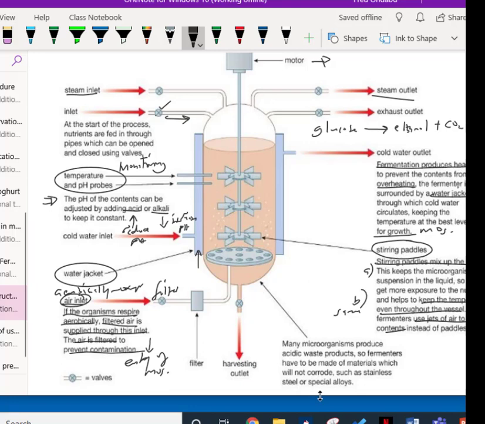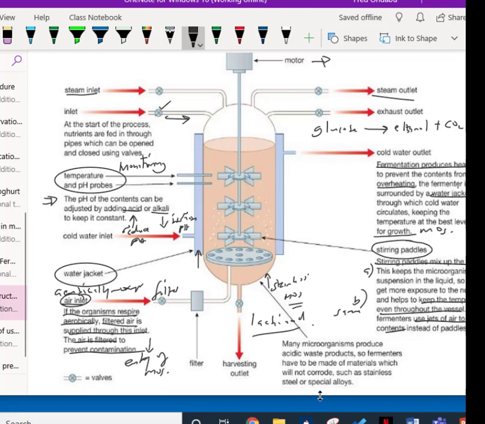Now, if you are making a fermenter, you need to make sure that it is made of stainless steel. The reason is that some of the products these microorganisms produce are corrosive. For example, those used to make yogurt produce lactic acid.